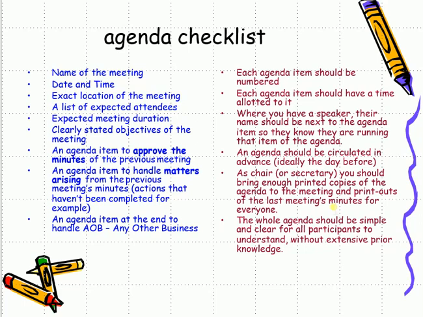So everybody should know about it and they should come well prepared according to that agenda. So if you'll not circulate the agenda, ultimately they'll not come well prepared with their points. And once you have decided the agenda items, so you have to discuss agenda items one by one and give them allotted time. So the whole agenda should be simple and clear for all the participants.